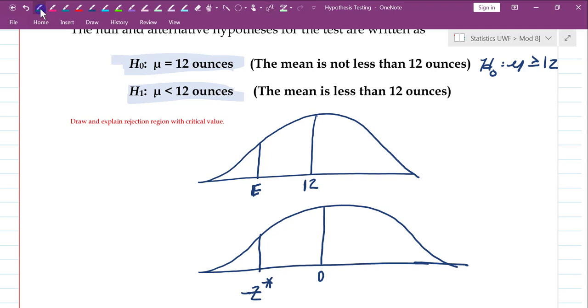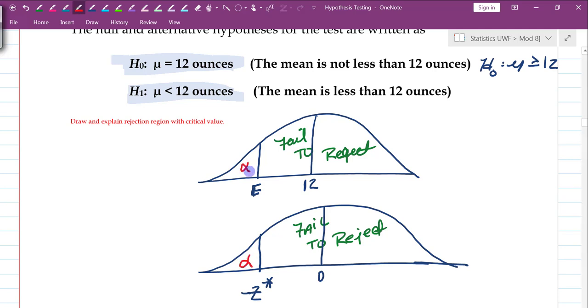So this is our fail to reject, and then right in here we're going to put all of alpha. All of alpha goes right in there, okay? All of it, okay?